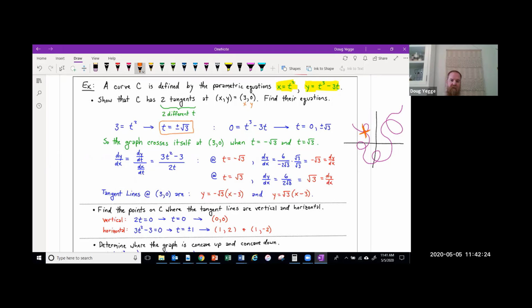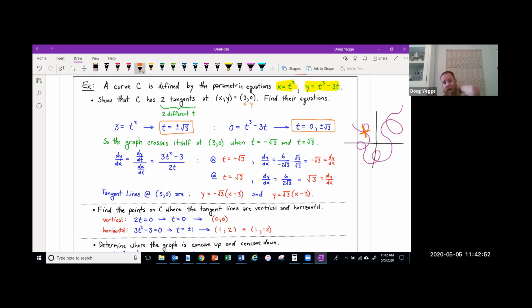And then if t is equal to 0 and I factor, I also get another location. So there are two different t values where the x-coordinate is 3, and there are 3 different t values where the y-coordinate is 0. So the graph crosses where they intersect, and that's at plus or minus root 3. And so those are two different locations.